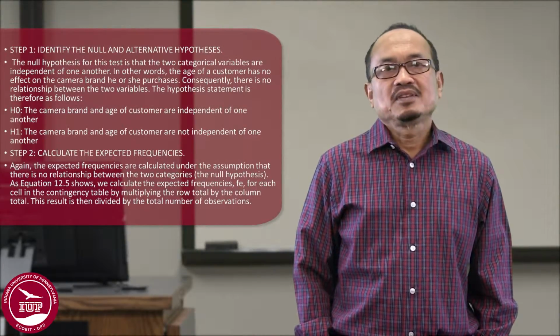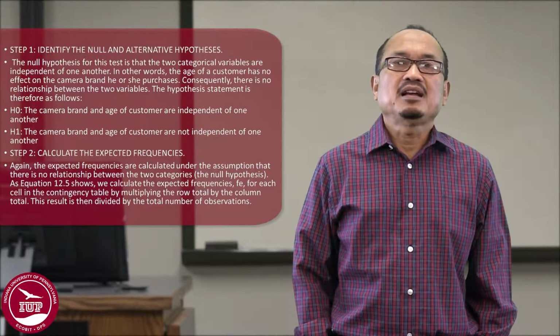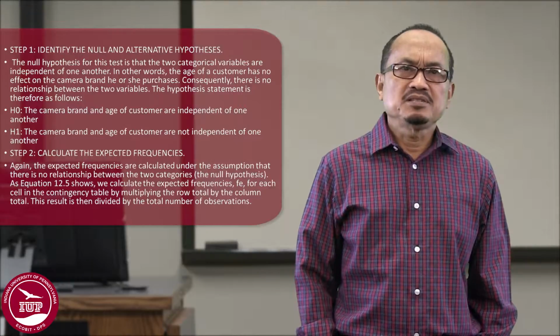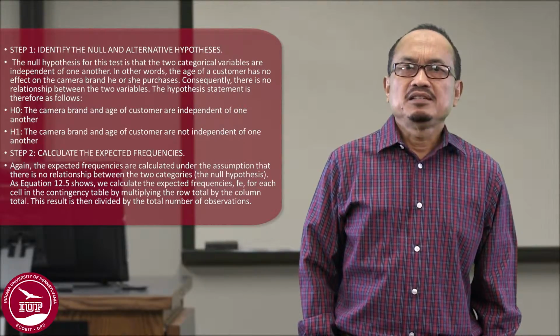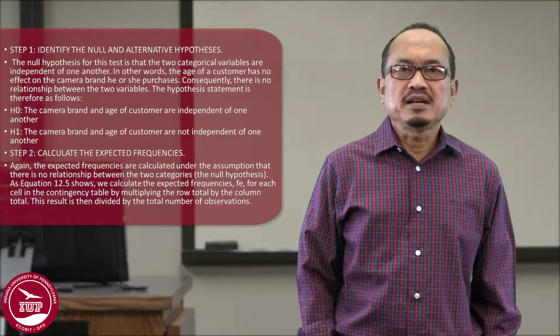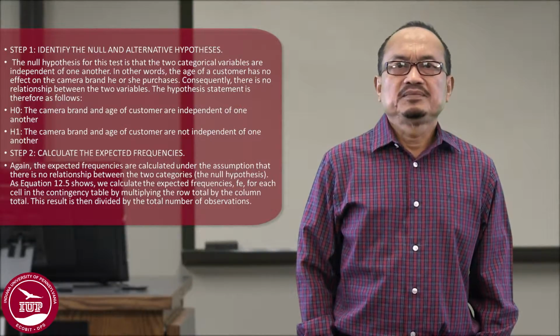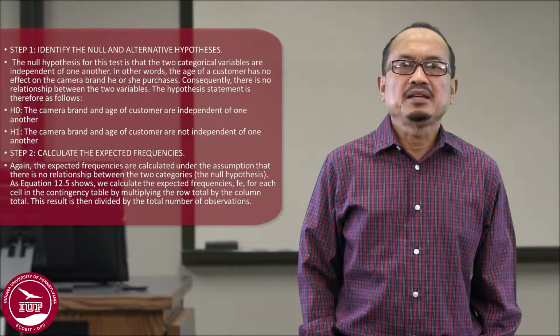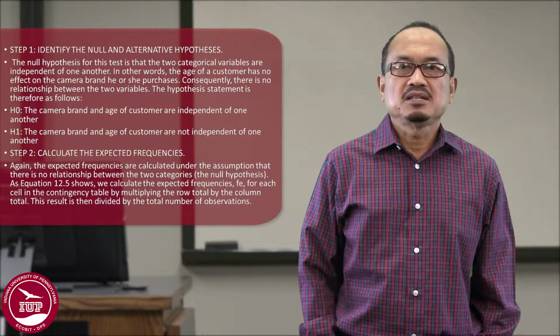Step 1. Identify the null and alternative hypotheses. The null hypothesis for this test is that the two categorical variables are independent of one another. In other words, the age of the customer has no effect on the camera brand he or she purchased.